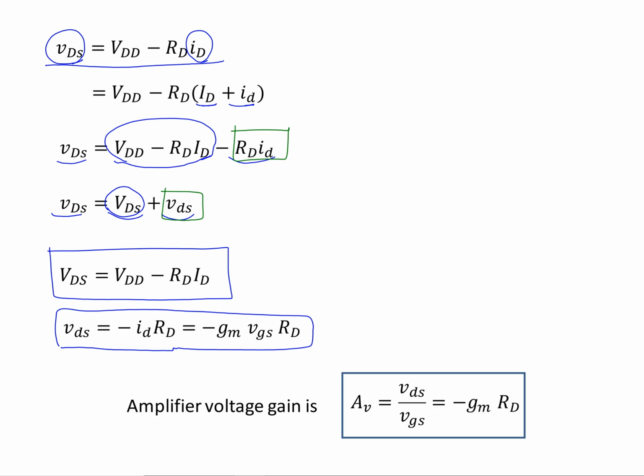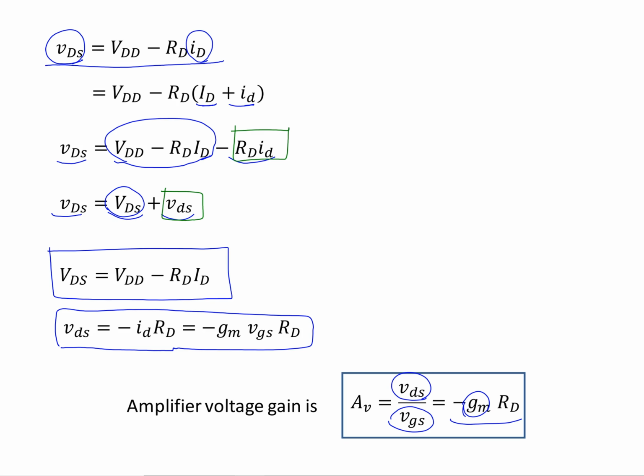The gain of the amplifier, the small signal voltage gain, is defined as small vds divided by small vgs, and that is equal to negative gm times RD. And all parameters in gm are related to the DC values of my transistor.